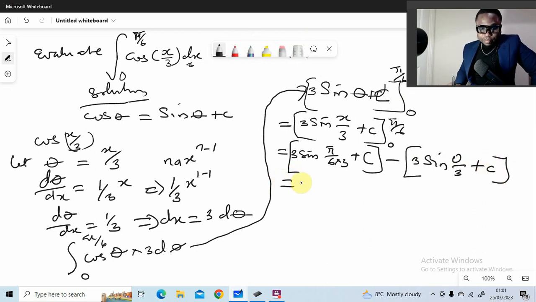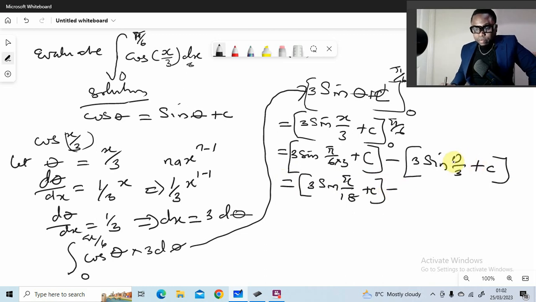This is the same thing as 3 sine pi over 18 plus constant, minus, remember that 0 over 3 is 0, sine 0 is 0, 0 times 3 is 0, so I'm having 0 plus c here.